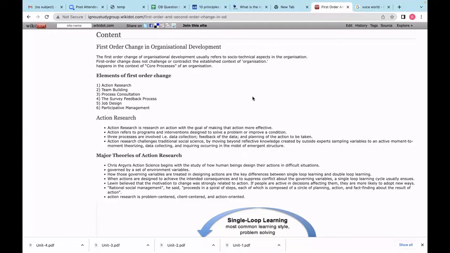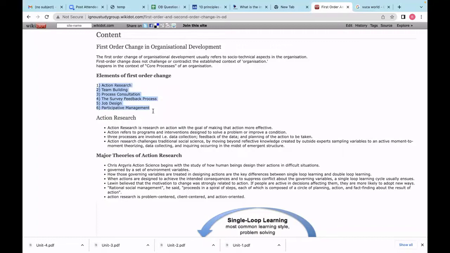Action research could be one of the elements of first order change. Team building, how do you build the teams? How do you do process consultation? What processes would you change internally? How do you gather the opinion of the people? How do you make people more participative, etc. So some of these are elements of first order change.